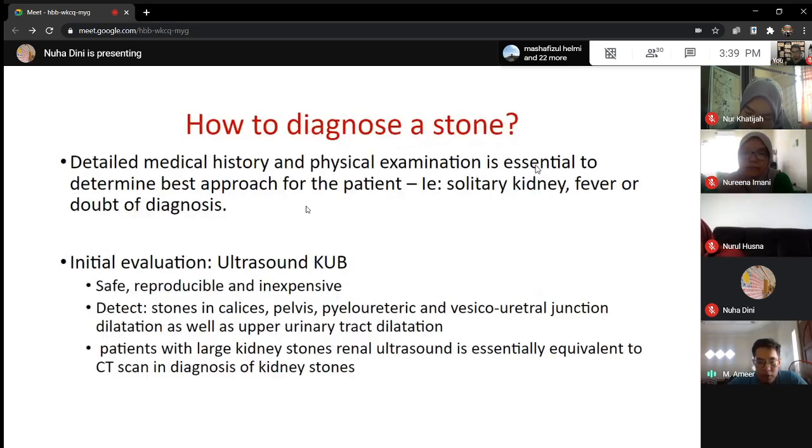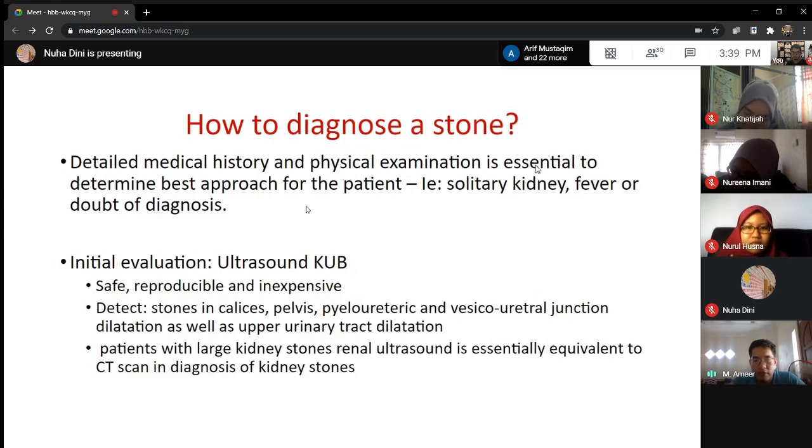By doing ultrasound, we can detect the presence of stones in the calyces, in the pelvis, and in the pelviureteric junction. We can also see if there's any dilatation in the upper urinary tract.